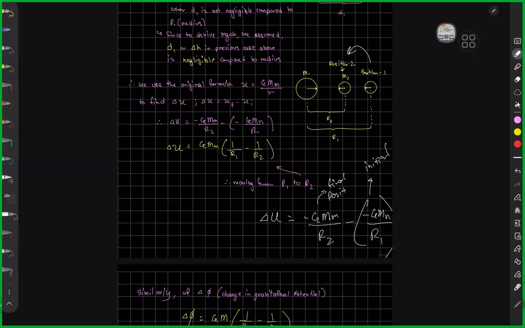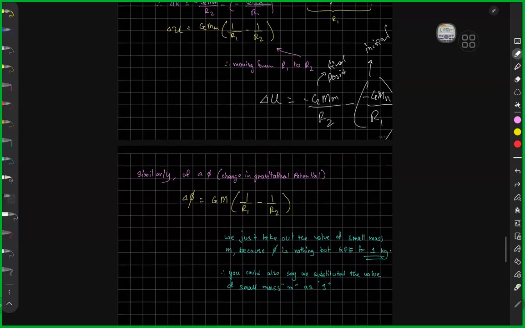So gravitational potential energy in the final position R2 minus gravitational potential energy in initial position R1. You simplify this, and what you get is this formula: GMm times 1 by R1 minus 1 by R2.